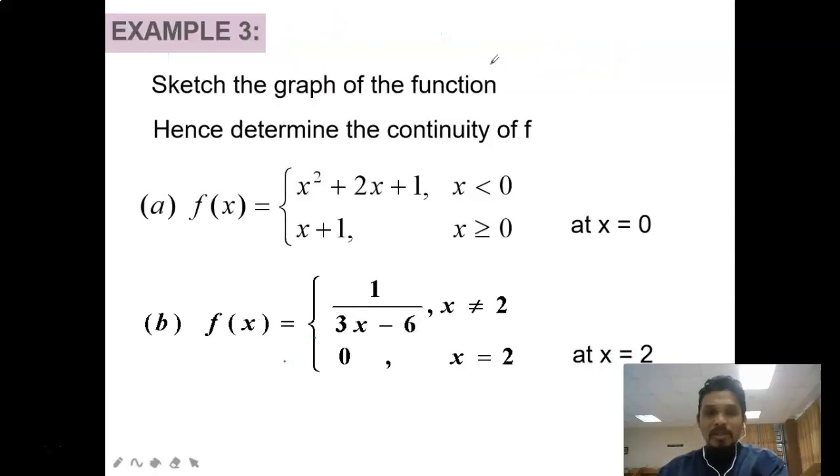So let's take a look at the question again. Sketch the graph of the function, hence determine the continuity of f at x equal to 0, and the second is x equal to 2 here.